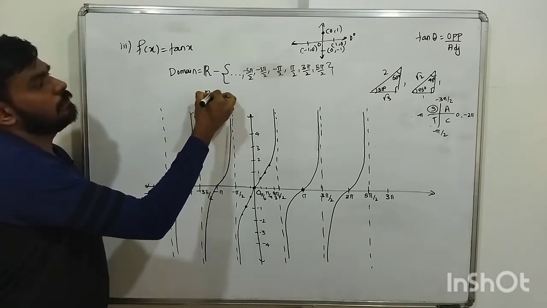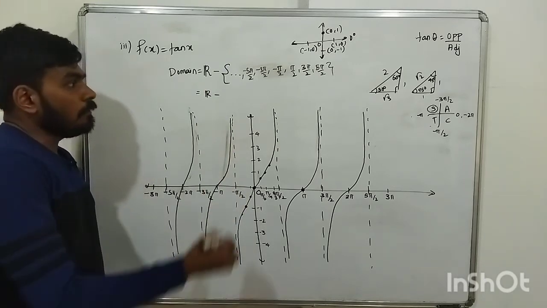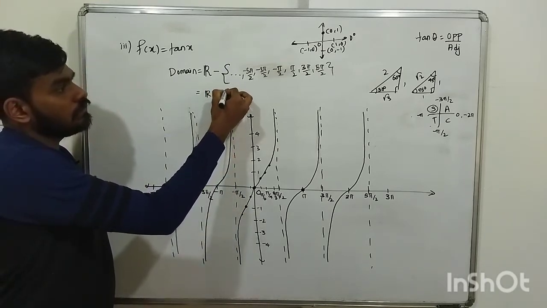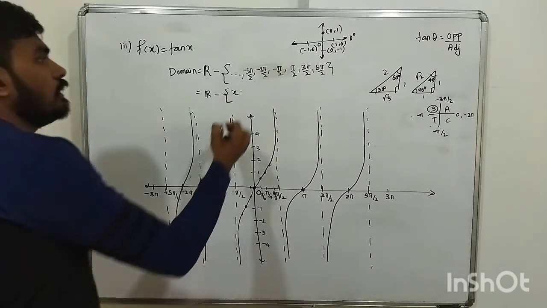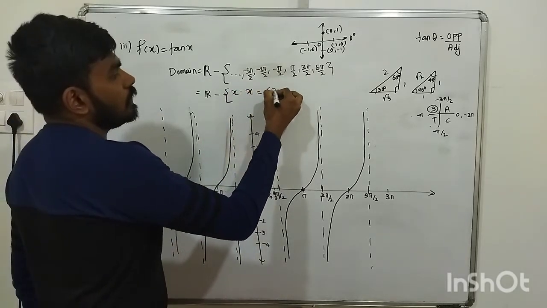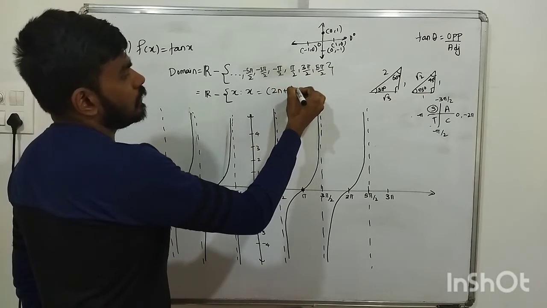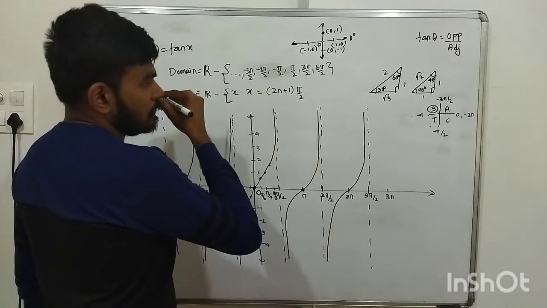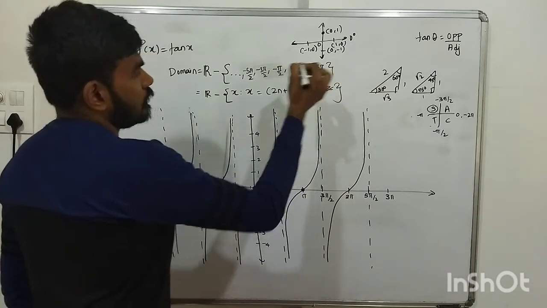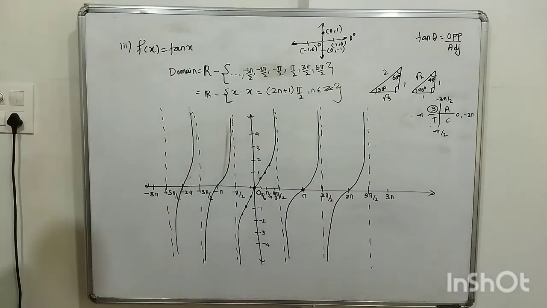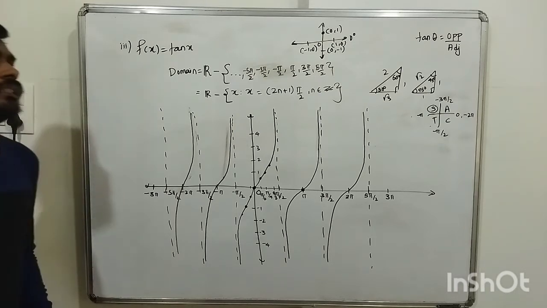So R minus, now in general we can write like this, in set builder form: x such that x is an odd multiple of pi by 2, where n is an integer.